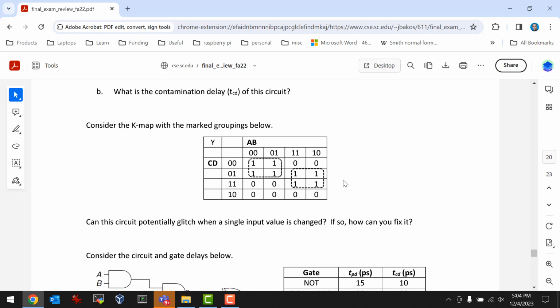So for instance, if A and B are both 1 and C and D are 0, 1, and you changed A, that might cause a glitch. And you could fix it by adding another grouping that covers. Actually, you just want to cover these two. Right, you wouldn't want to include any zeros.